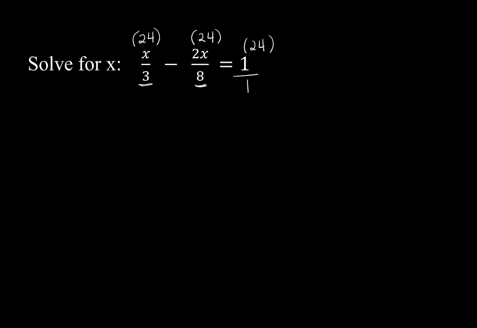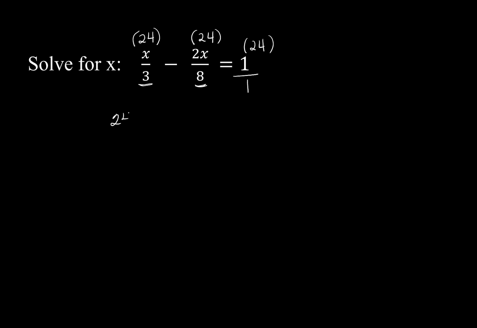Okay, because this is an equation, all things have to be equal, or the math operation that I perform has to be the same to each term. So each term is going to be multiplied by 24. Okay, so I'll show you what that looks like.